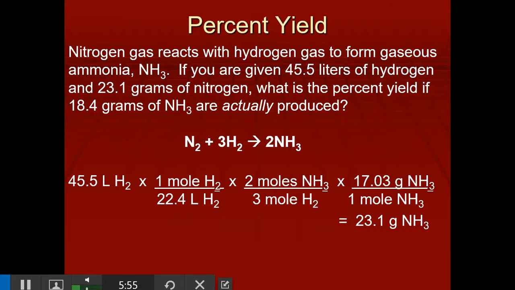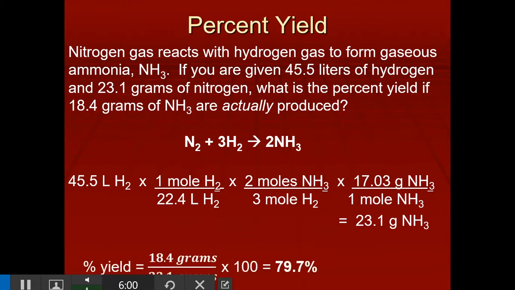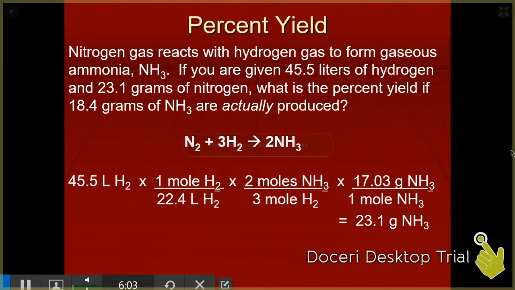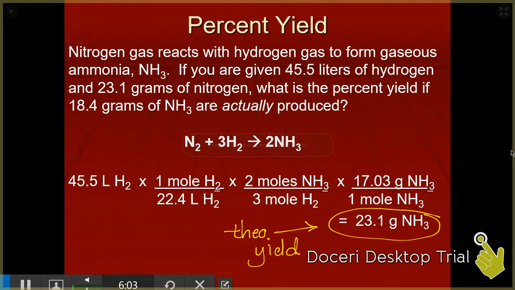And guys, that number, 23.1 grams of ammonia, let me circle it, this number right here, that is our theoretical yield. Remember what I told you. You will always have to calculate your theoretical yield using stoichiometry.